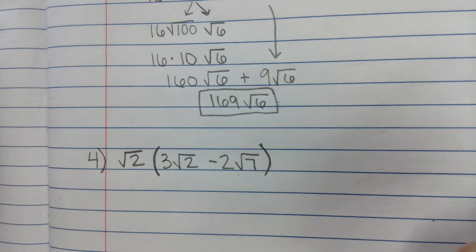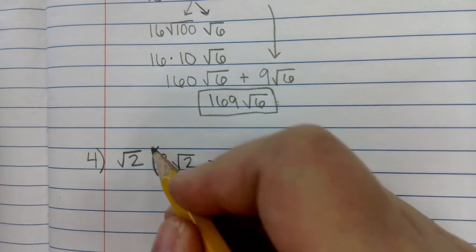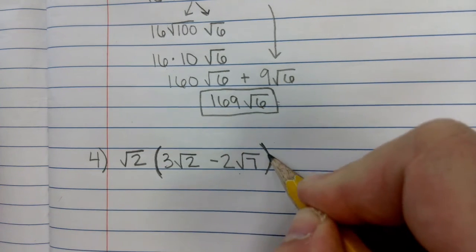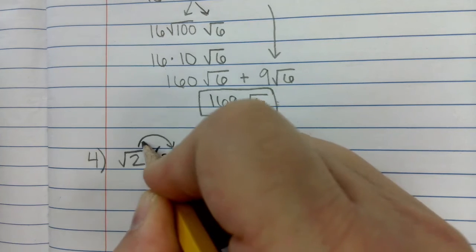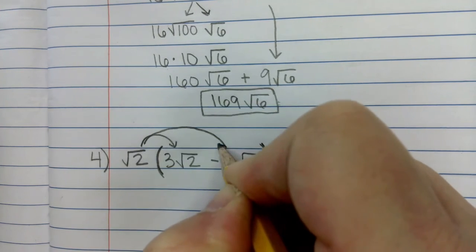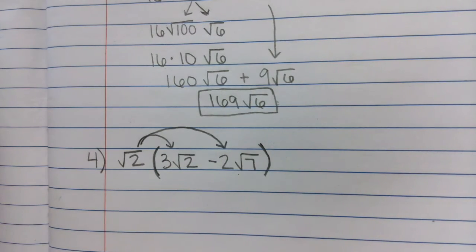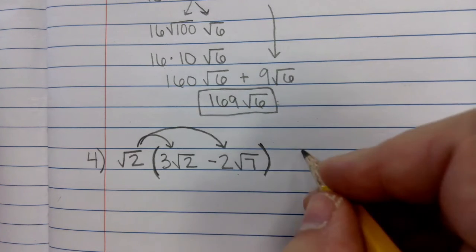So we have square root of 2 times 3 square root of 2. And then we'll do square root of 2 times the second part, which is negative 2 square root of 7.